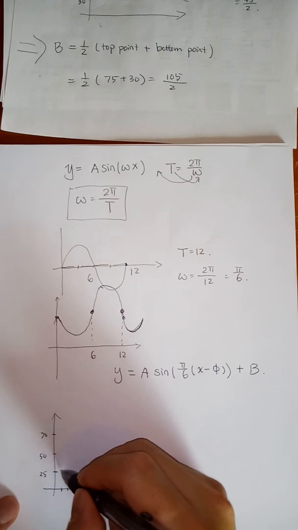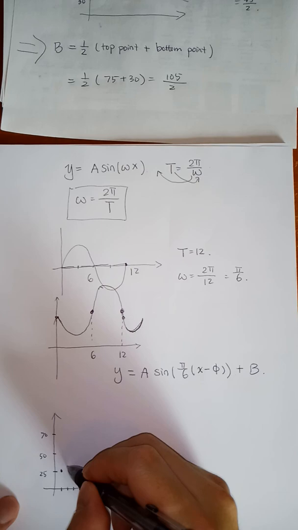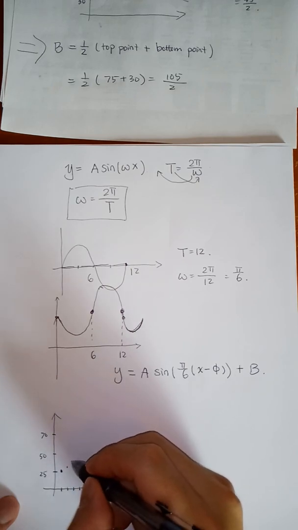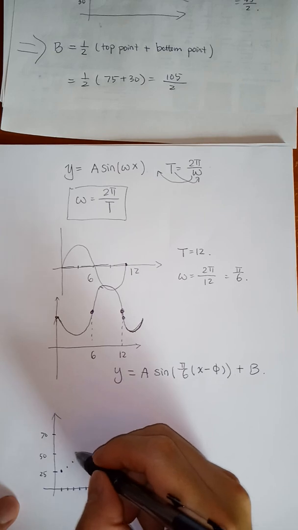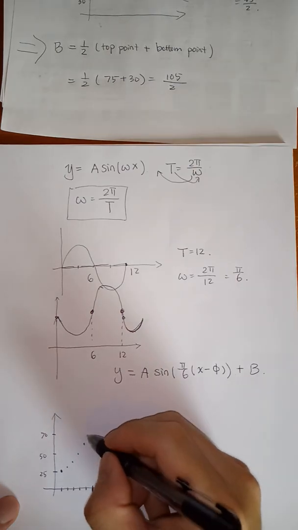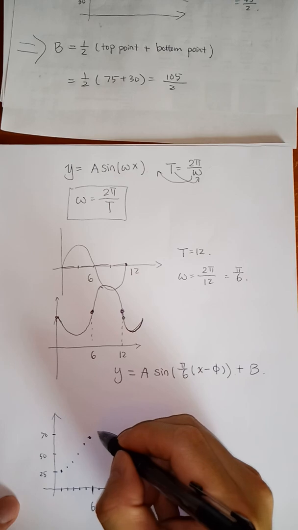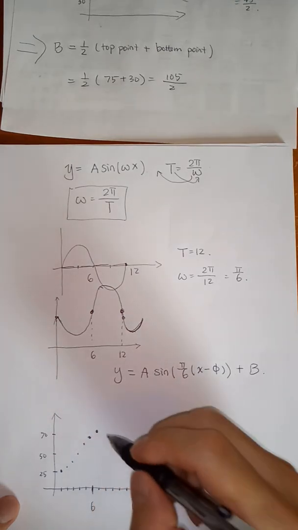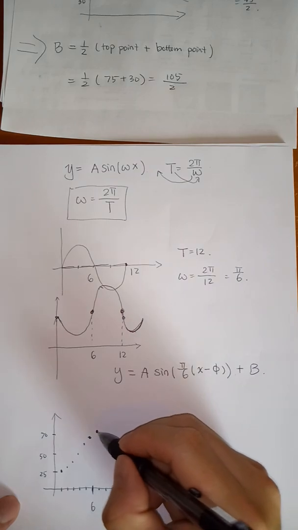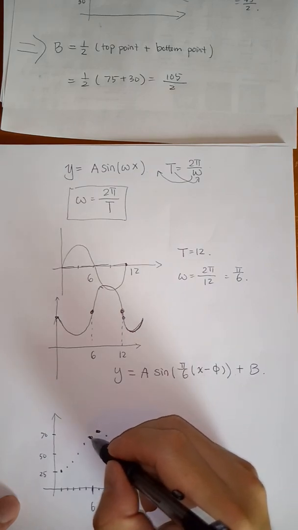So 1, 2, 3, 4, 5, 6, 7, 8. 7 should be here, 6 is here.